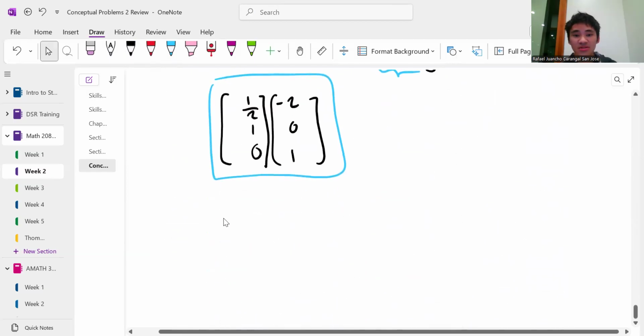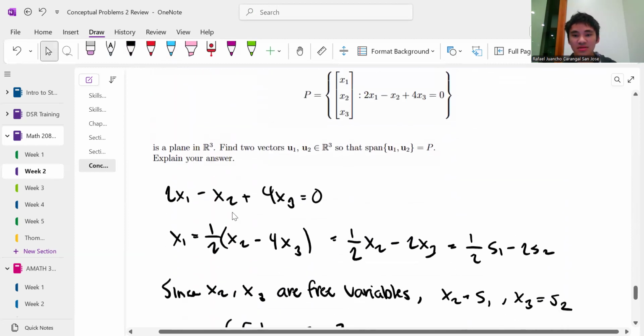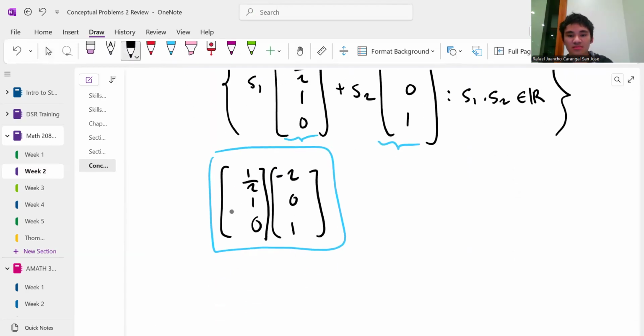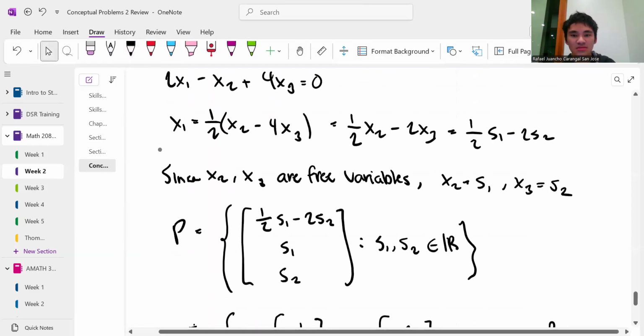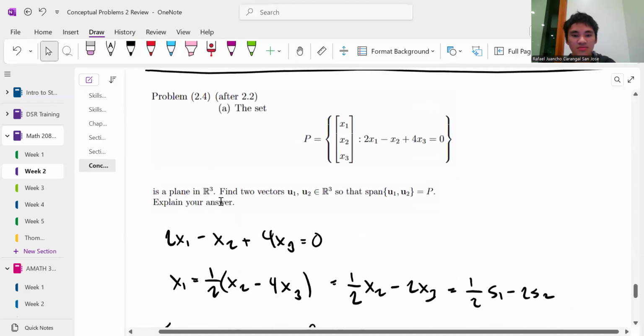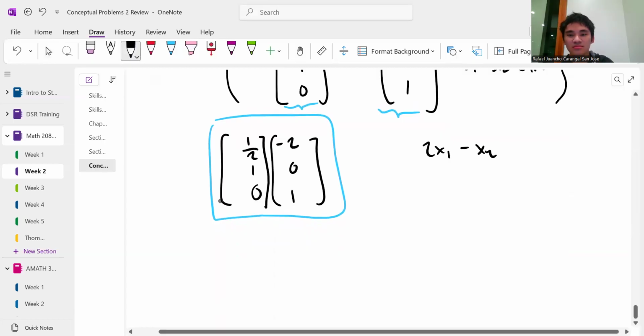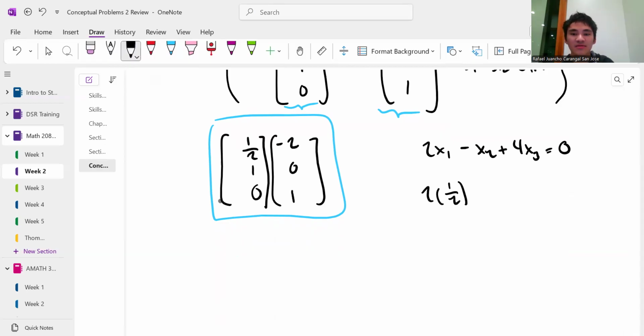One way we can check if this works is to actually plug it in. So let's try. 2x sub 1 minus x sub 2 plus 4x sub 3 is apparently 0. So if you plug in (1/2, 1, 0), a half times 2 is 1, 1 minus 1 plus 4 times 0 is 0.